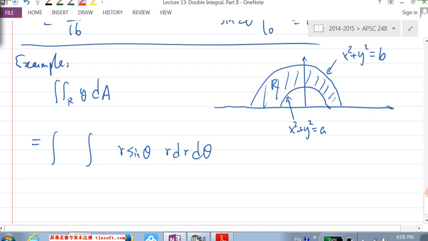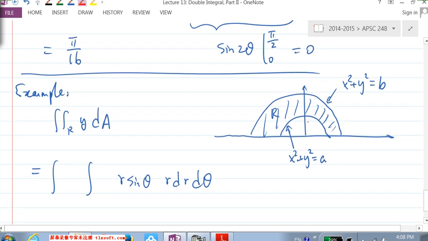Then the next step, you draw from the origin a radial line across this region R. The first contact between this radial line gives you the r min. The second contact, with the outside, gives you the r max. So apparently r min equals a, and r max is b.